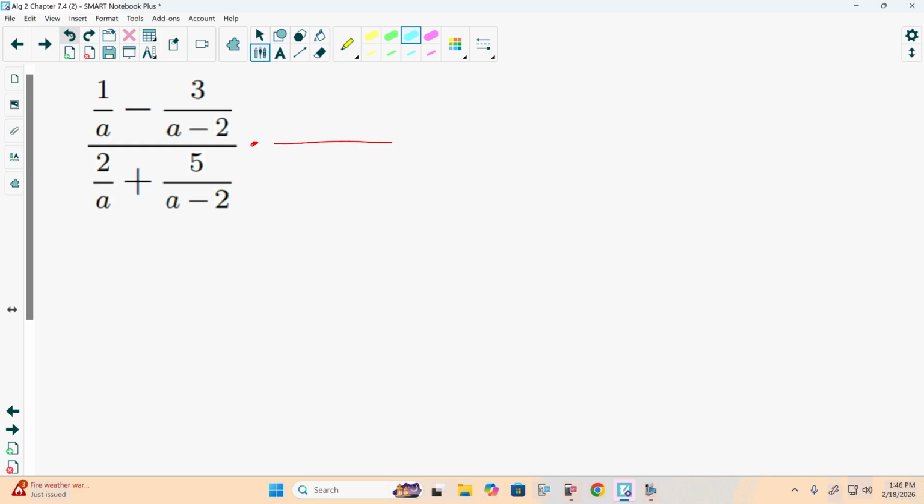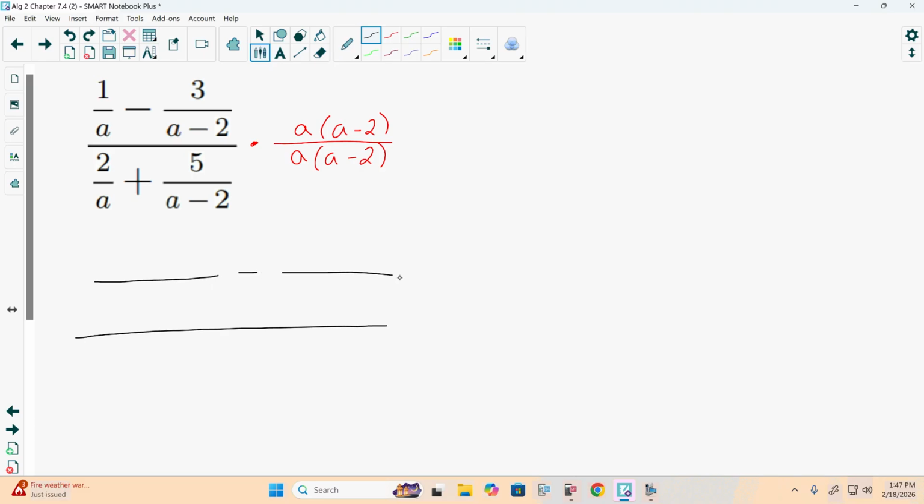So now we need to see what we need to multiply everything by to get those denominators to simplify on top and bottom. A, and a minus 2. And we're going to multiply it on top and bottom. So the first thing we're going to do is multiply that a times a minus 2 with our 1 on top.